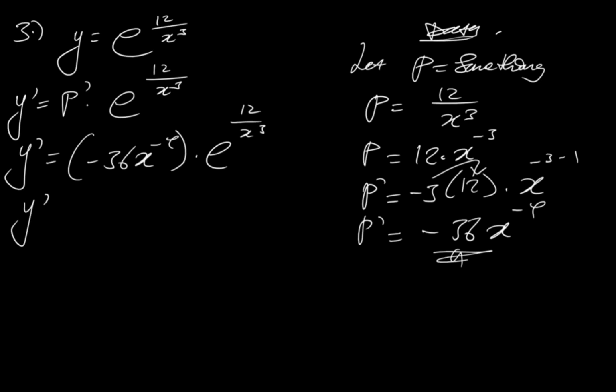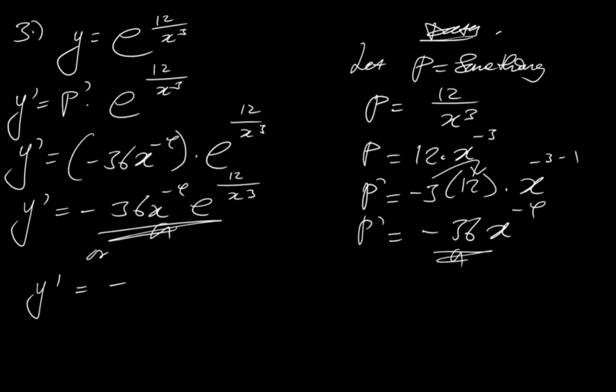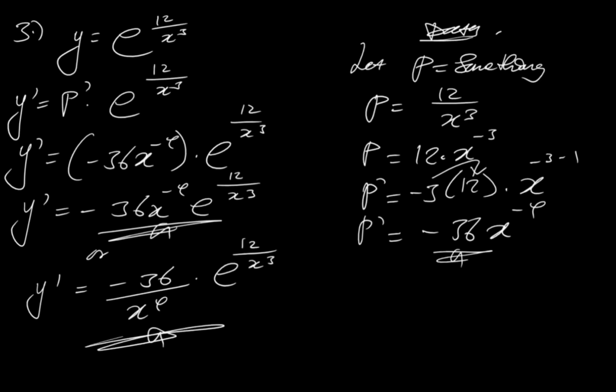So y prime can also be written as negative 36 x to the minus 4 e to the 12 over x cubed. This is your answer. Another would want to write it as this: y prime is equal to negative 36 over x to the 4th power times e to the 12 over x cubed. And this is your final answer.